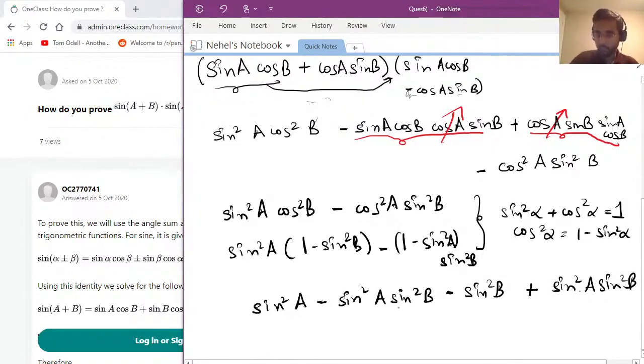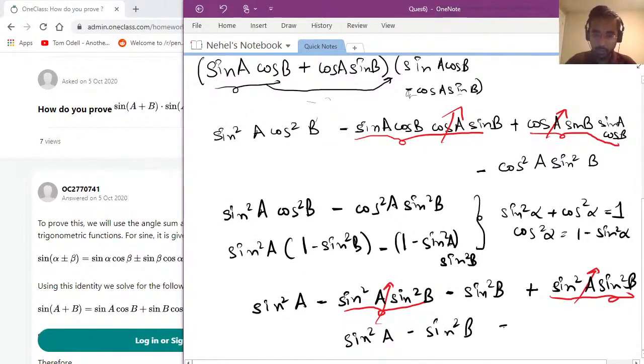We know that the two sine square a sine square b terms are exactly the same, and they have opposite signs, so they cancel out. In the end we're just left with sine square a minus sine square b, which is equal to the right hand side. Therefore, hence proved.